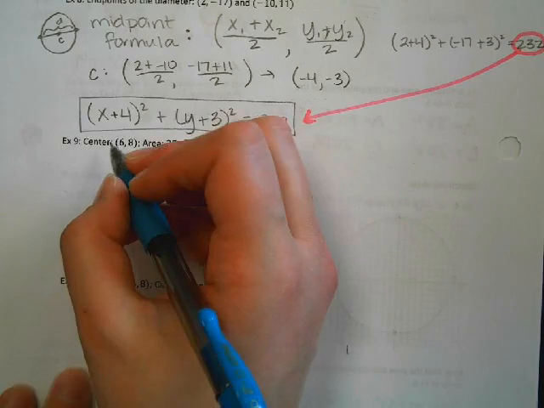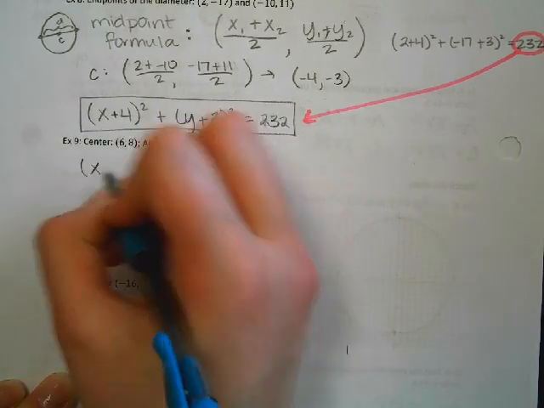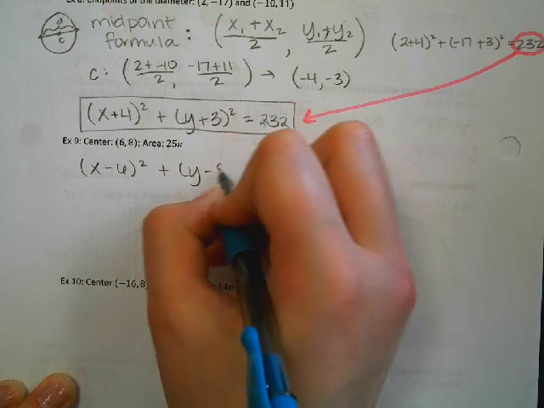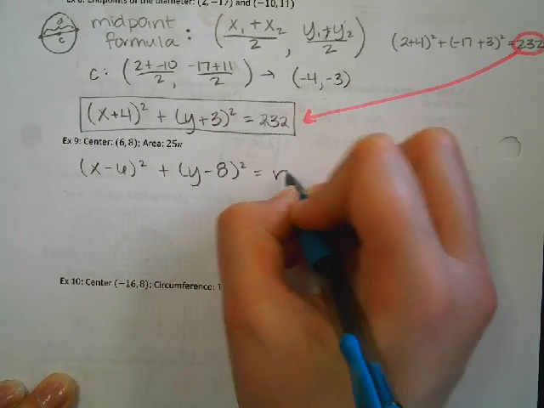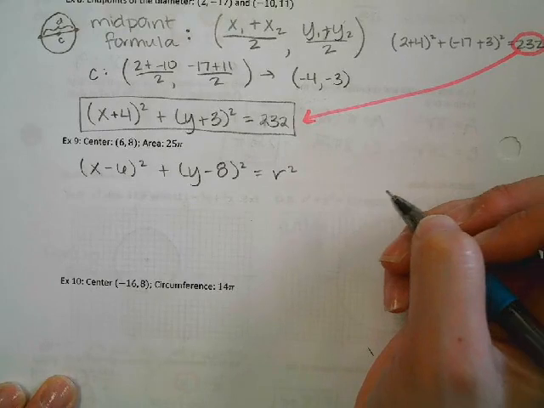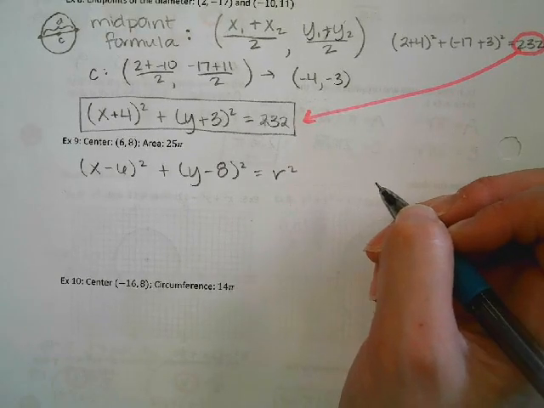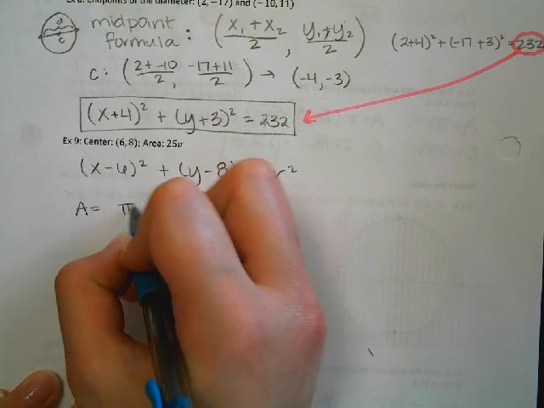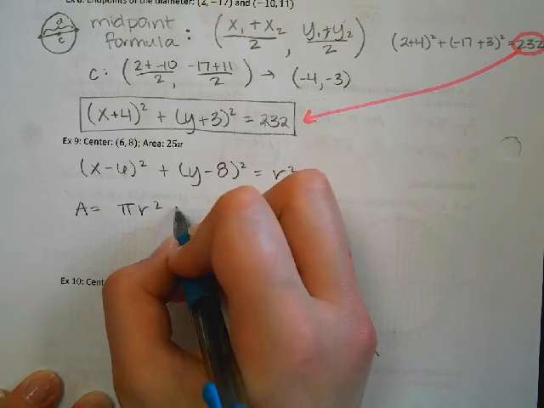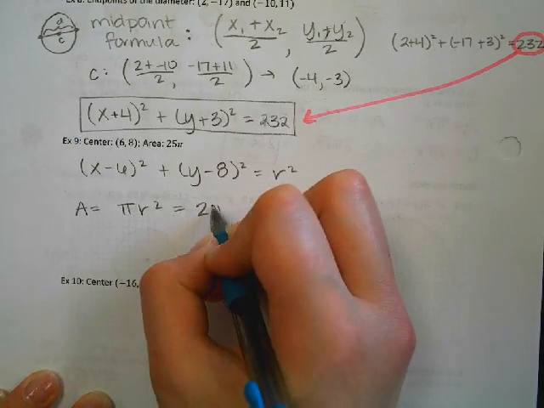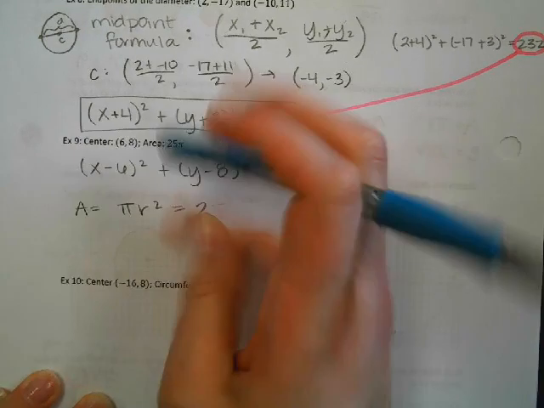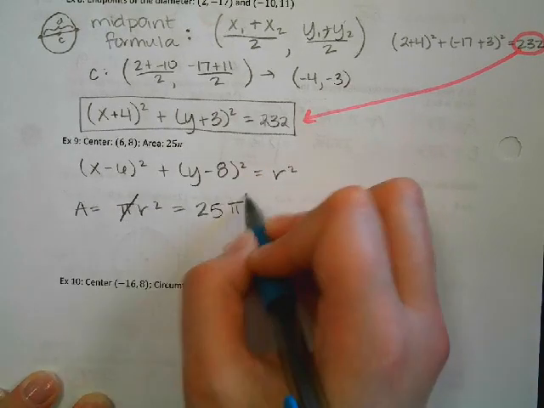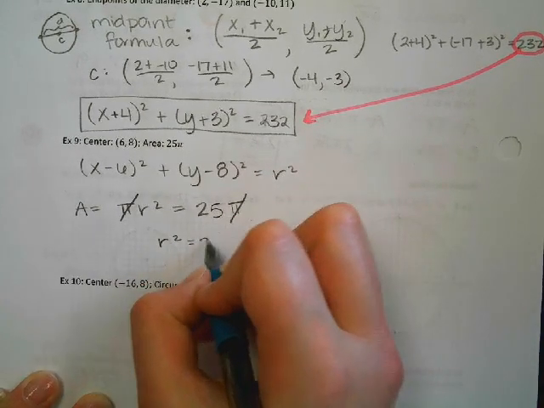Next, they gave us the center, so we can go ahead and start our equation. x minus 6 squared plus y minus 8 squared equals r squared. So that was pretty easy. Next, they told us that the area is 25 pi. If area is pi r squared, and the area of this problem is 25 pi, then that means that r squared equals 25.